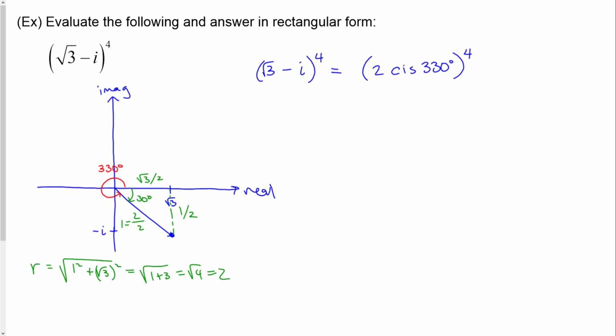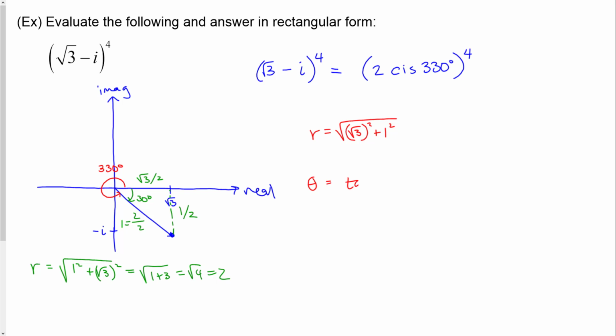Now, I tend to do my trigonometry with diagrams and drawing triangles and using the ratio of sides. If you're better with formulas and just memorizing individual pieces, you absolutely could work this problem, and I'll do it in red because I'm going to erase it. r is the square root of x squared plus y squared, so root 3 squared plus 1 squared, just like we did.